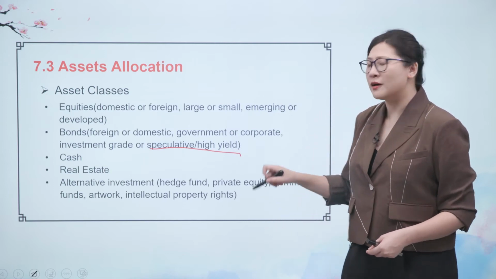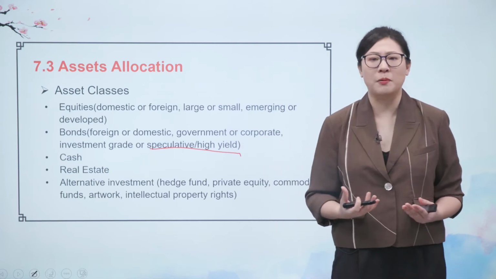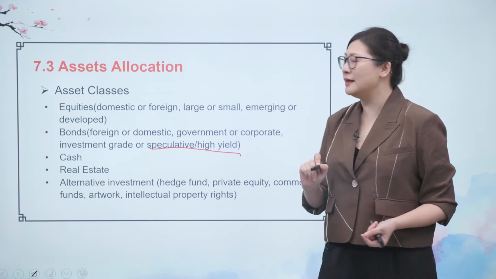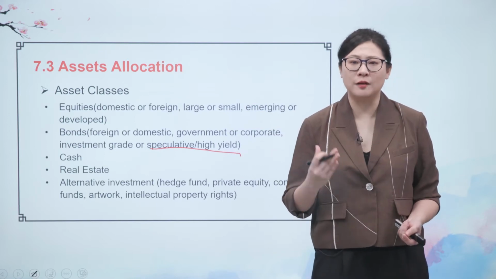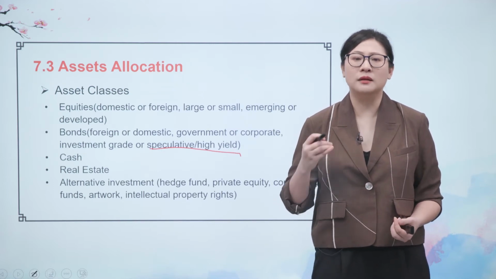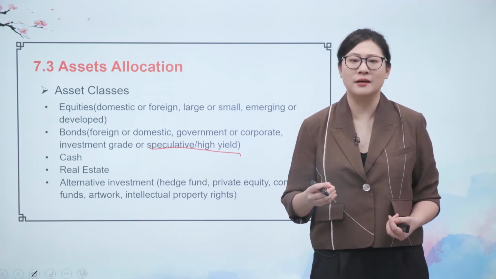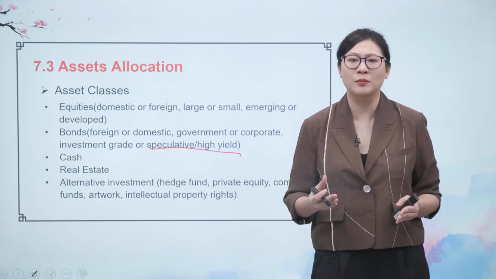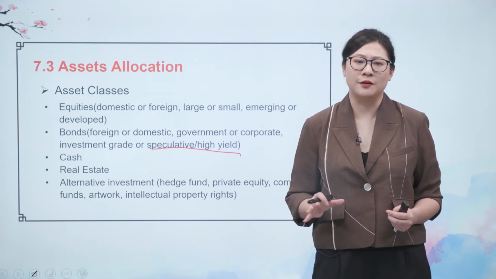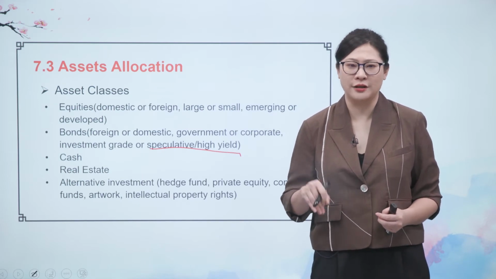This part is not very popular in our countries because a speculative high-yield bond definitely has a lower rating, and low-rated bonds in China have problems being issued. So this kind of bond is not very popular in China.